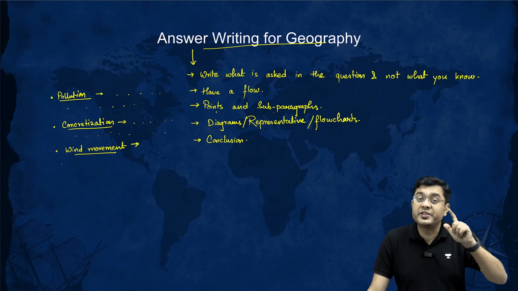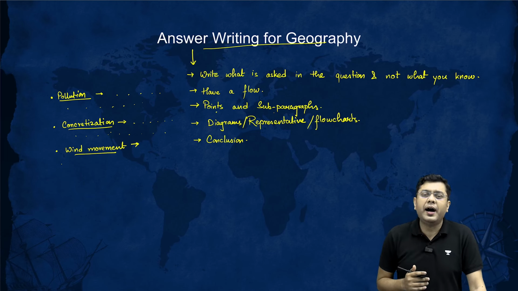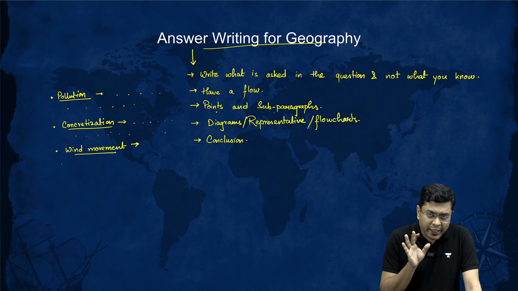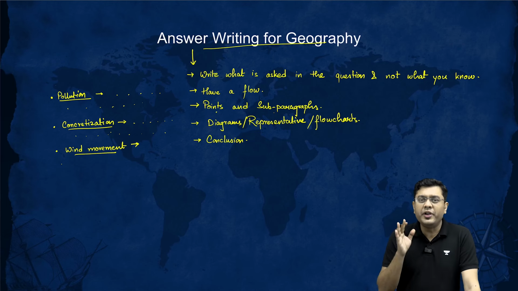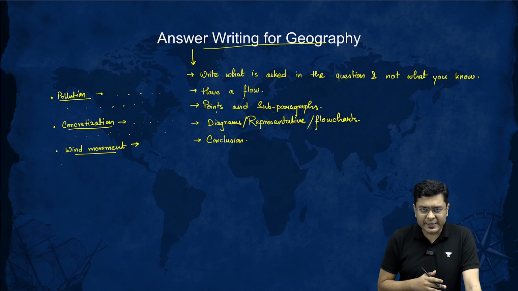That shows your optimistic approach as well. So like that, you can create the answers overall. Just ensure that these basic points are kept in mind for the subject of geography. Wherever possible, implement it in other areas also, and you will find that at the end of the day, you will be scoring much better.